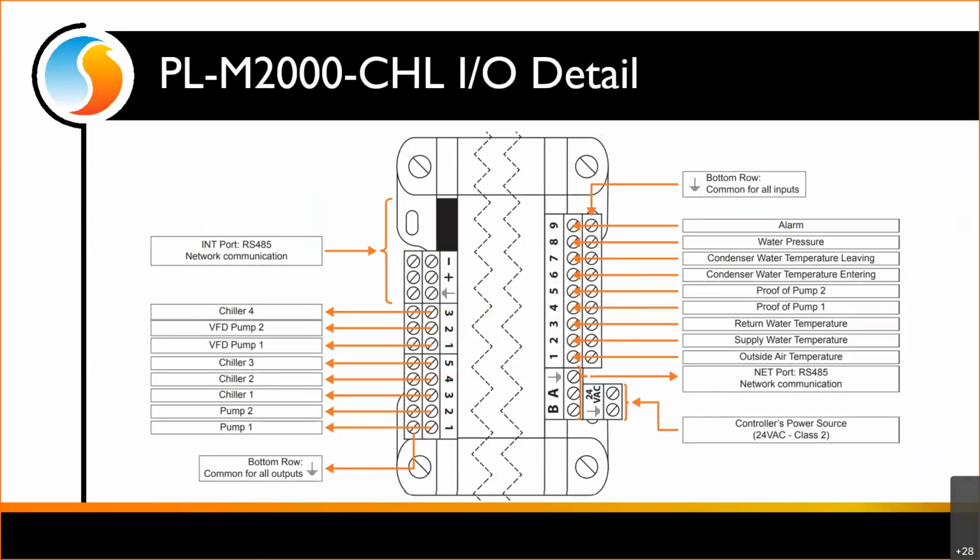Okay, so working our way up, we've got input 1 is our outside air temperature. Then we've got our supply and return water temperature. That's the chilled water that's circulating out to the building and coming back. Now we have individual proofs of pumps. So proof of pump 1, proof of pump 2. Again, we can mark in the software to use a common pump proof.